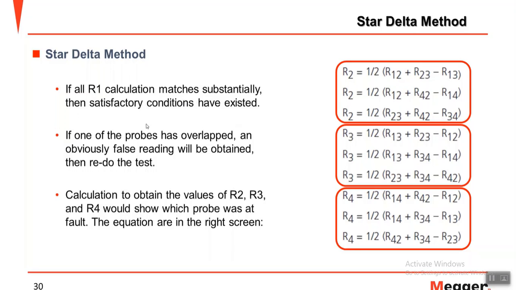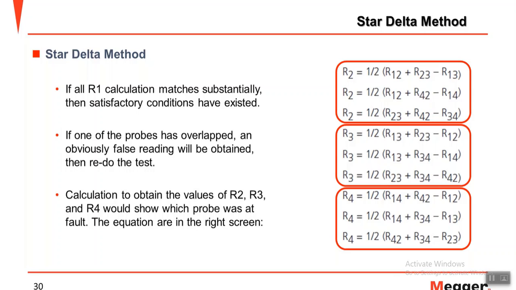If you don't find this condition, then you can find at which position the values do not match. You can calculate from R2 with the same formula, from R3, and from R4. If some of these values do not match, it means you need to move that point farther away, maybe R3, R4, or R2.